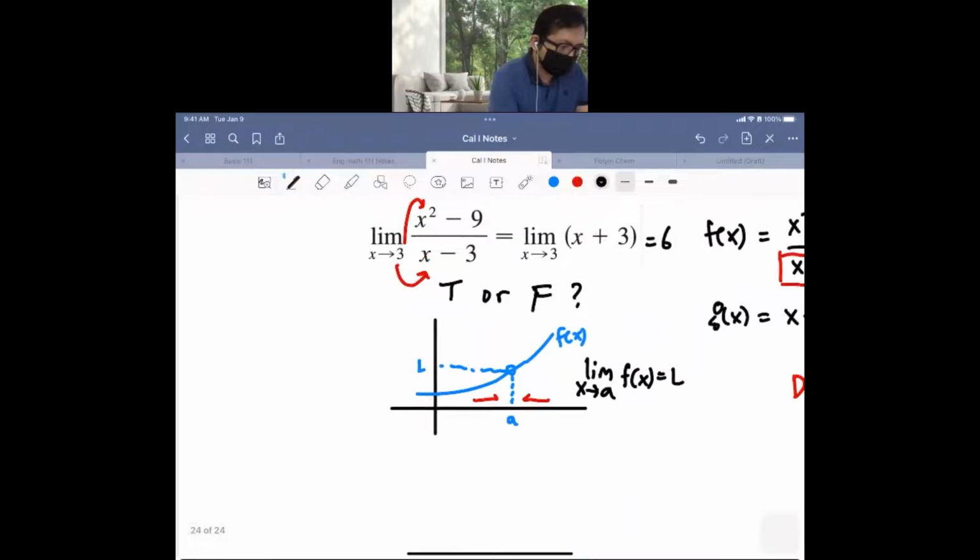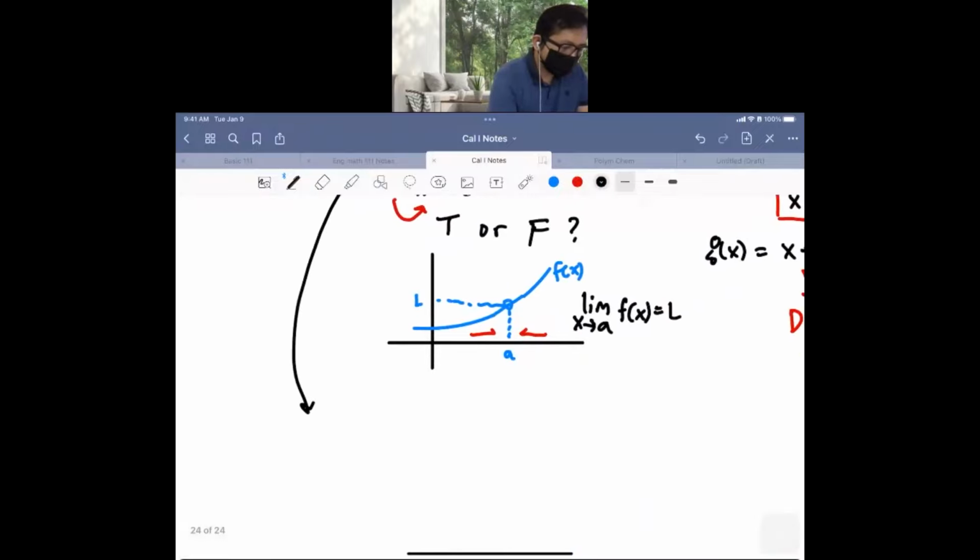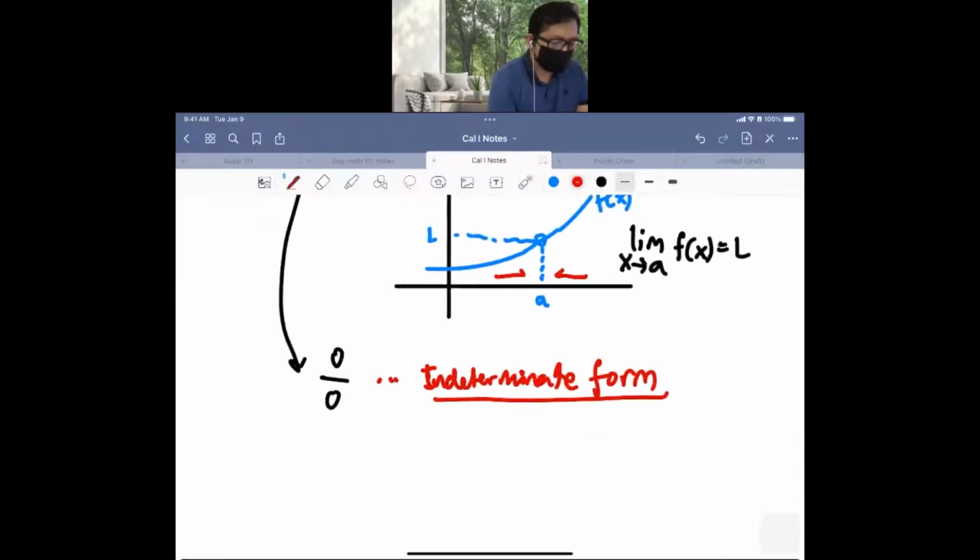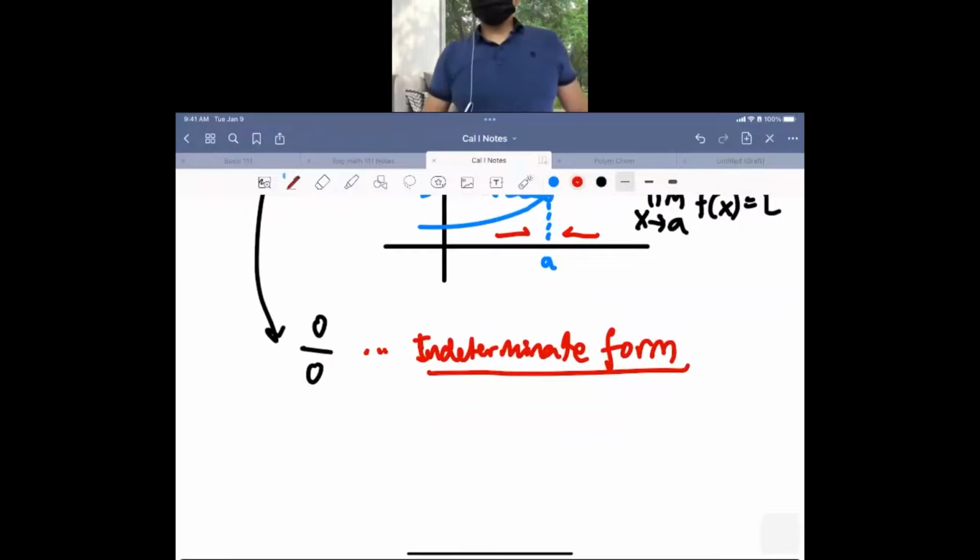So when we have a limit and this happens, we call this an indeterminate form. So what is an indeterminate form? Indeterminate form means that we are not sure whether the limit exists or has a value. So we need to have another evaluation. There are several evaluations.